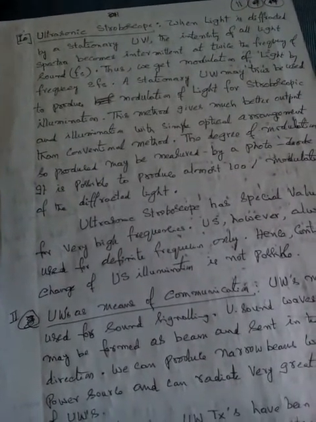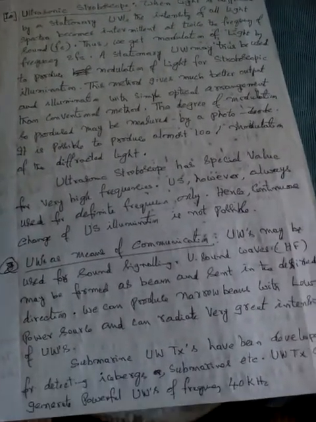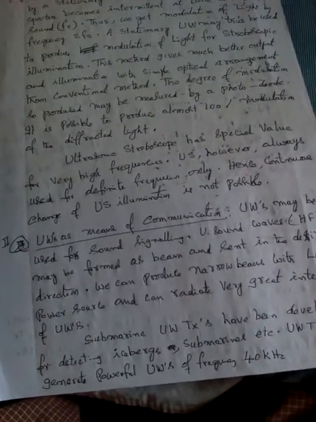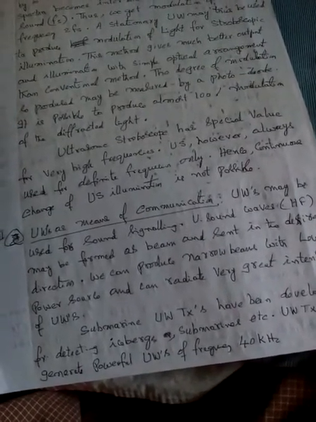Ultrasonic waves as a means of communication. Ultrasonic waves may be used for sound signaling. Ultrasound waves, particularly high frequency, may be used as a beam. They are concentrated, so you can send them as a beam in the desired direction.